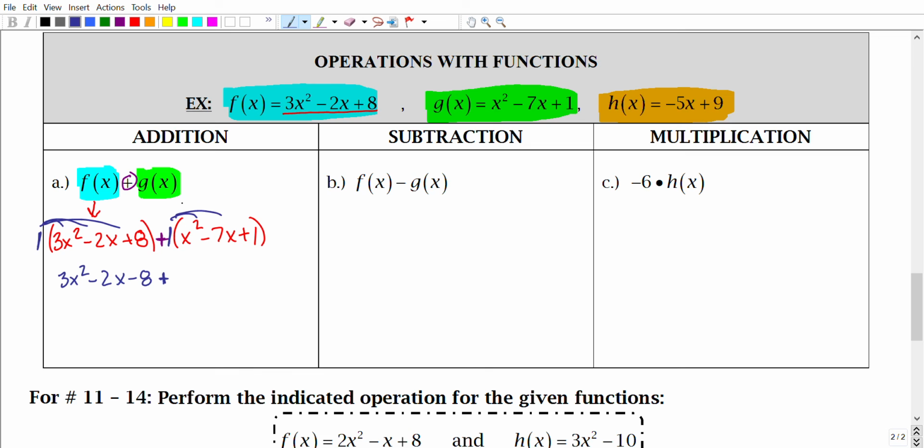If I distribute, I'm going to get the exact same thing, because 1 times any number is just that exact same number. But get in the habit of putting it in parentheses, guys, if you need to remember it, because it can be very confusing for subtraction and can lead to the wrong answer if you forget to distribute.